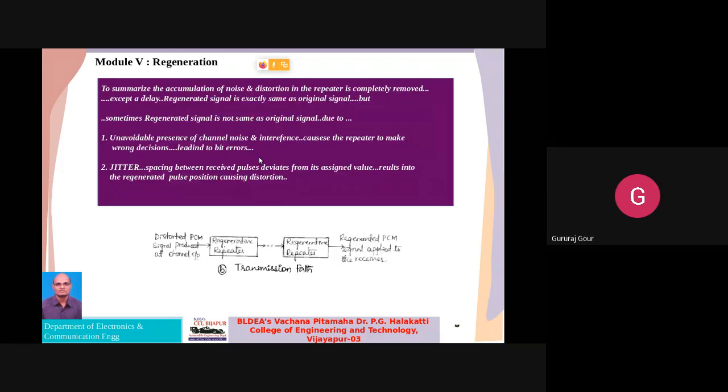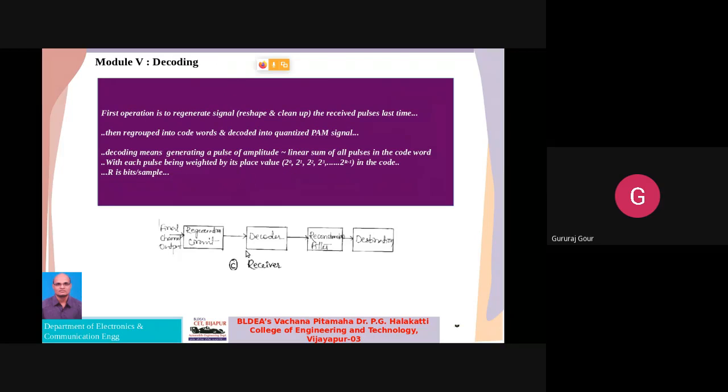So now we have come to the receiver. The first operation at the receiver side, as you can see, is to regenerate the signal. Again we have to do it one last time, though of course we already did that.